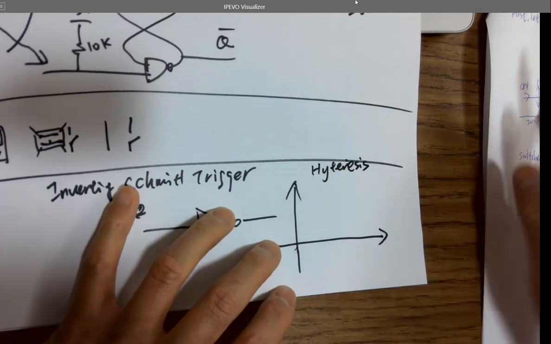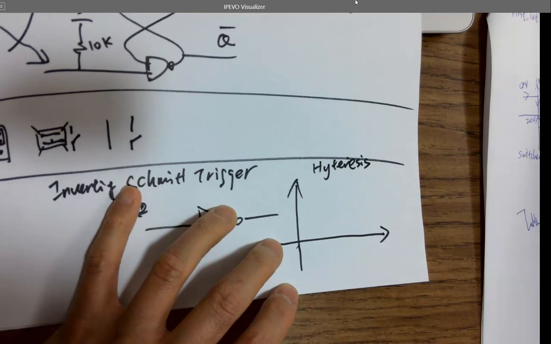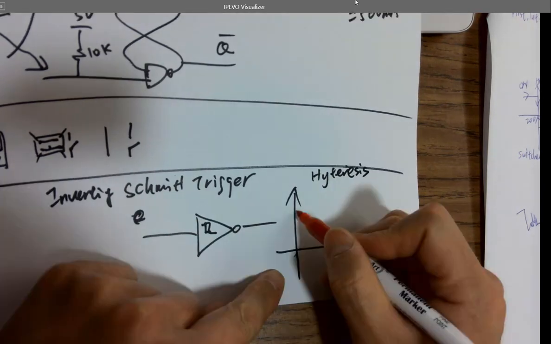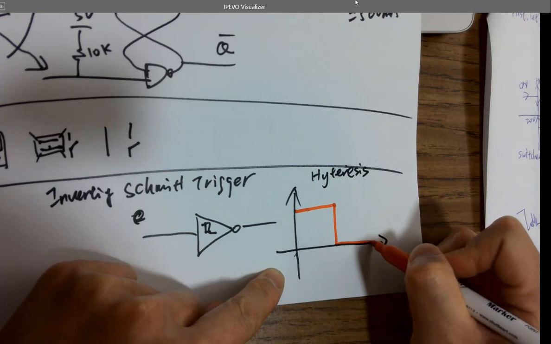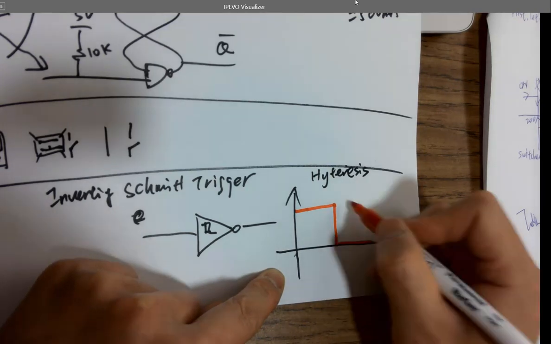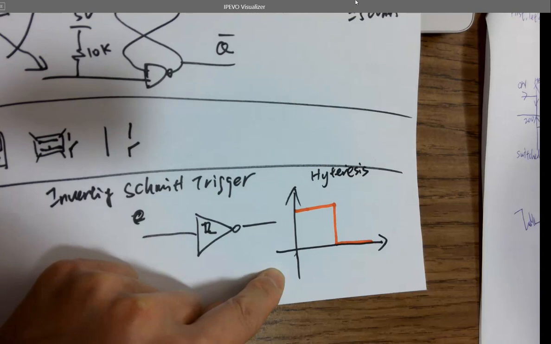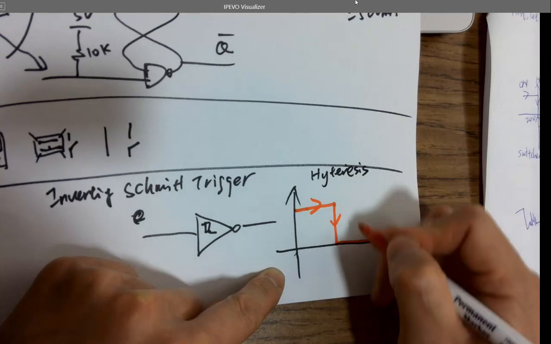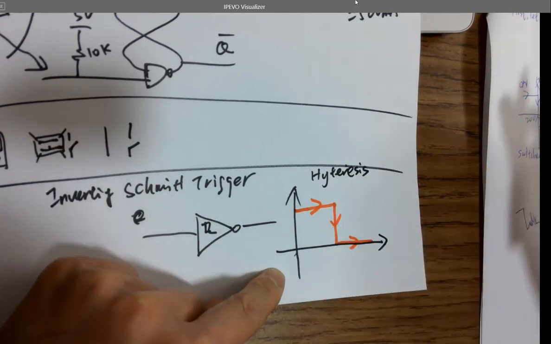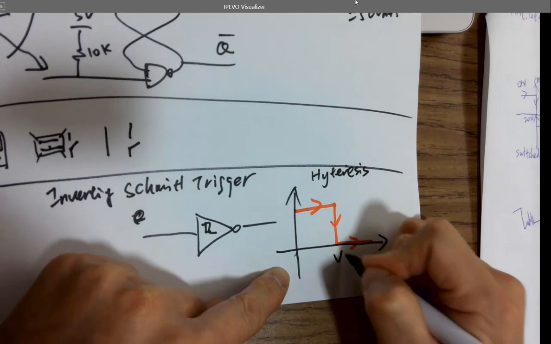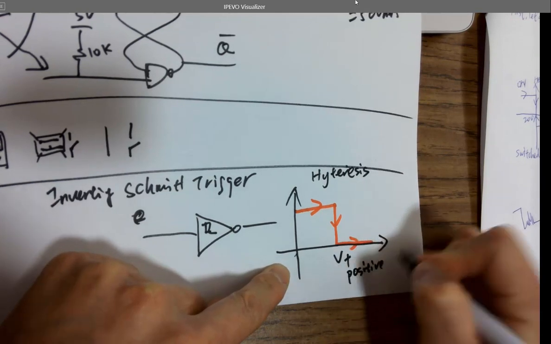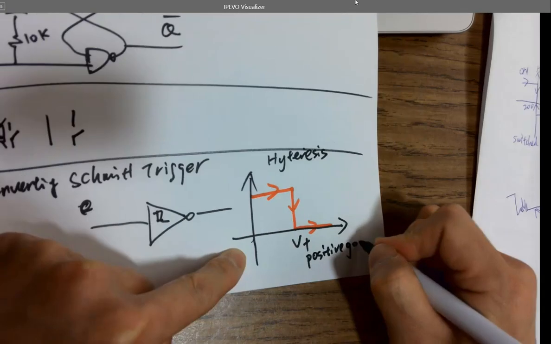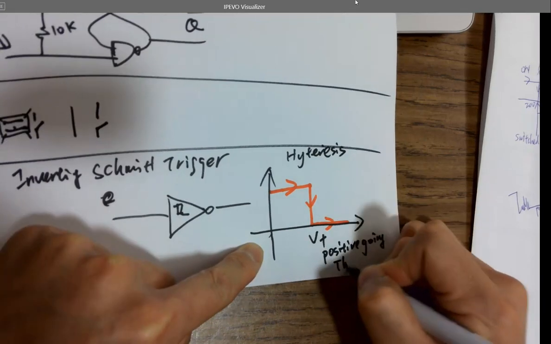So when the voltage of the input goes up, it switches to 0 at a certain voltage, and when it goes down, so this is a positive going threshold voltage. It's called V plus. It's called positive going threshold.